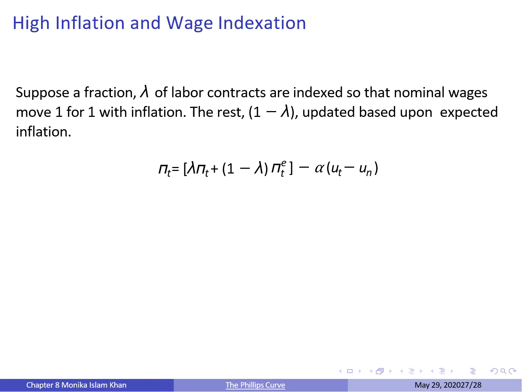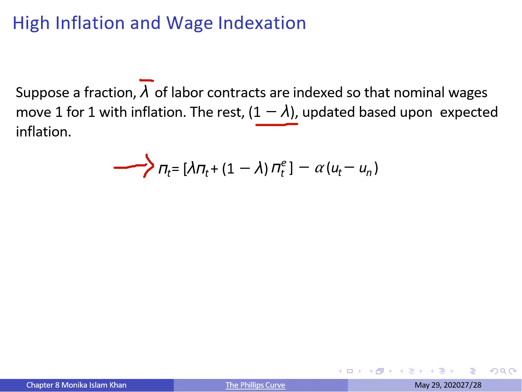Now suppose that a fraction lambda of labor contracts are indexed so that nominal wages move 1-for-1 with inflation. The rest, 1 minus lambda of labor contracts, are updated based upon expected inflation. So your inflation rate equation turns out to be this equation.